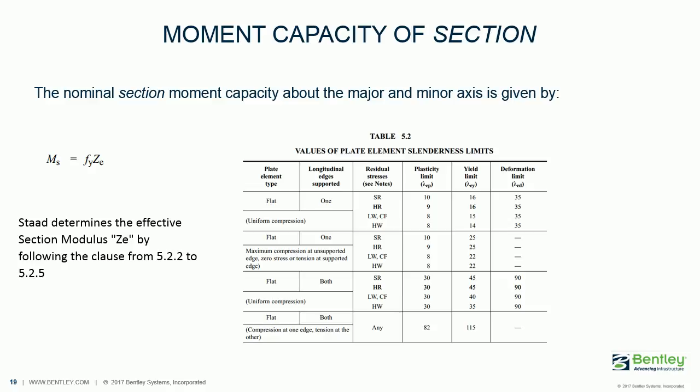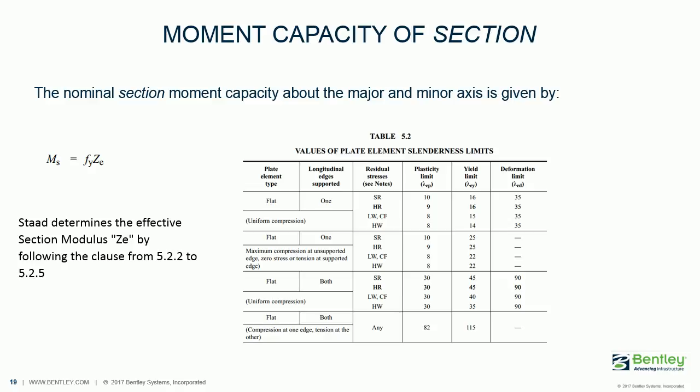If you have worked on other design codes like the US code, there might be other approaches, where they modify the stress factor, that is the Fy term, and keep the section modulus the same. But here in the Australian steel design code, the section modulus is modified and multiplied with the Fy value to arrive at the nominal section moment capacity.